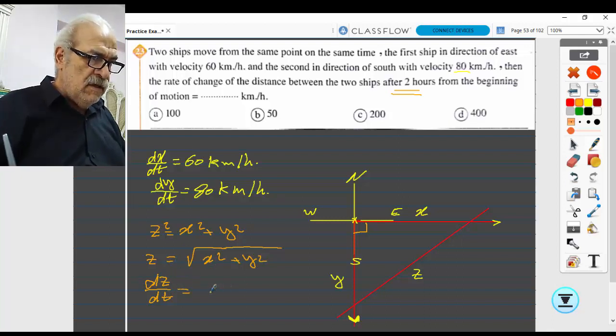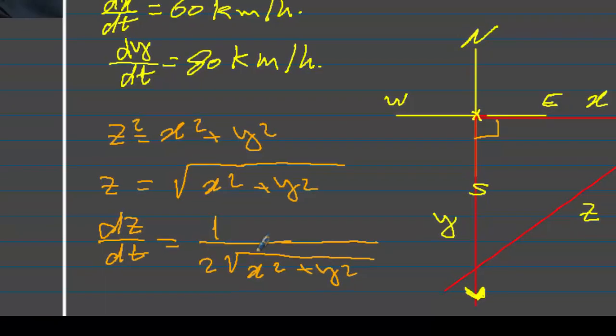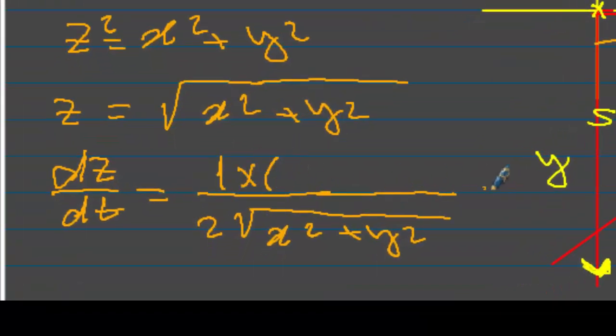Here the derivative of the root equals 1 over 2 the root of x square plus y square, multiplied by the derivative of the quantity inside the root, of course with respect to t.